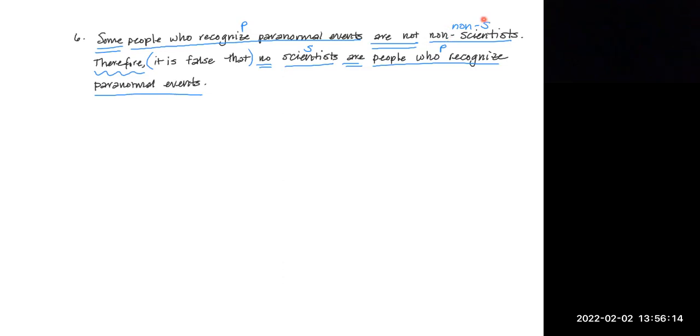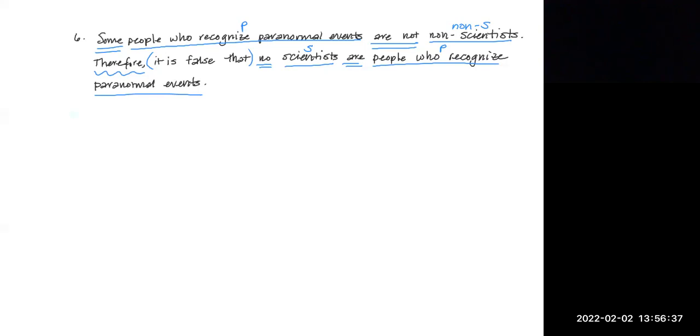Non-S is a term, and are not non-S is not equal to are S or something like that. I don't know why people get confused with that, but just to let you know, that's not how it works. Non-S is a term all on its own.